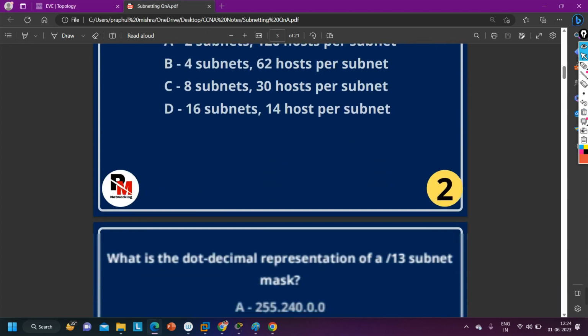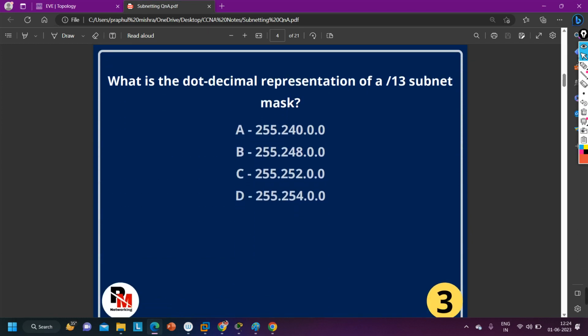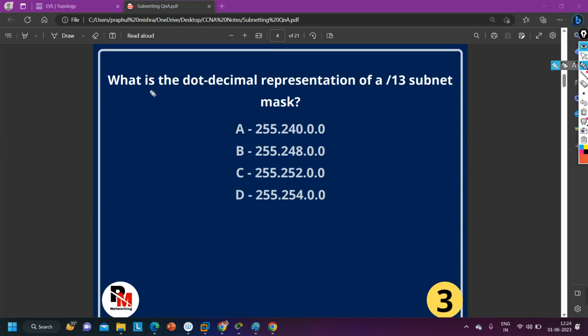Okay. Now let me move to the next question. Here the question is what is the dotted decimal representation of the /30 subnet mask. So /30 means all 1s in the first octet, and all 1s in the second octet, and 5 in the third, 2, 3, 4, 5, rest 0s, all 0s to the end.